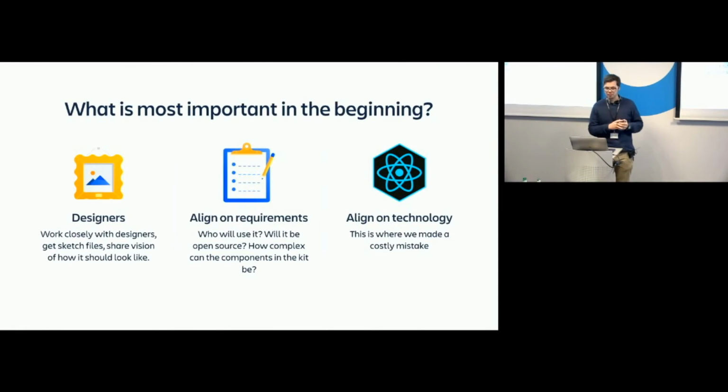A majority of the people wanted to build the kit using React and styled components, while a minority wanted to use raw CSS and JavaScript. The reason being that if the kit is written in just vanilla JavaScript and CSS, we don't restrict the consumer of the kit to be using React.